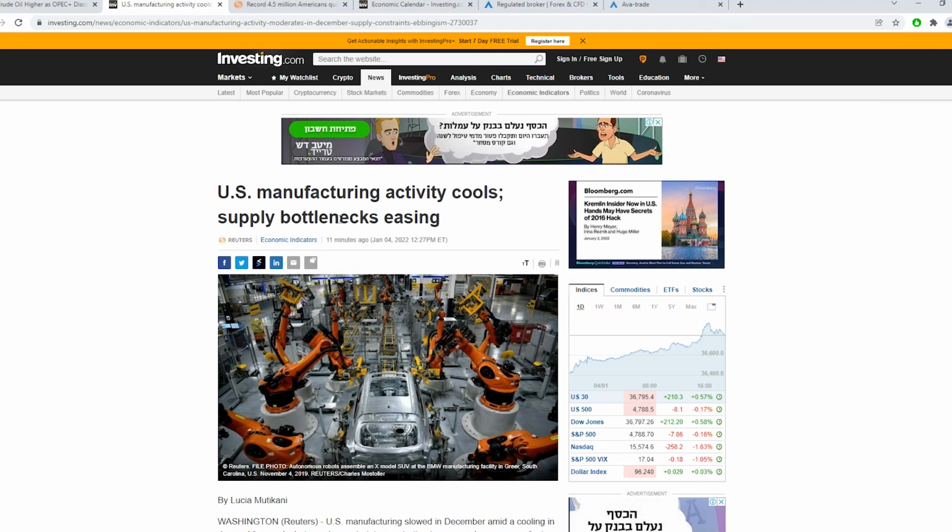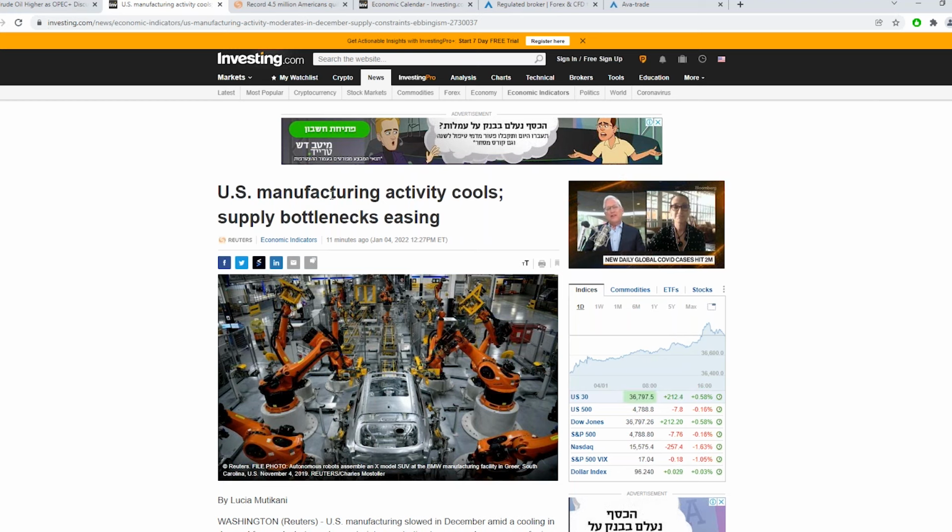The ports were all backed up. Packages couldn't get unloaded and delivered fast enough. There was all kinds of issues, and they're saying that some of those bottleneck issues are easing. Okay, but at the same time, manufacturing activity cooled. So it's kind of a mixed headline.